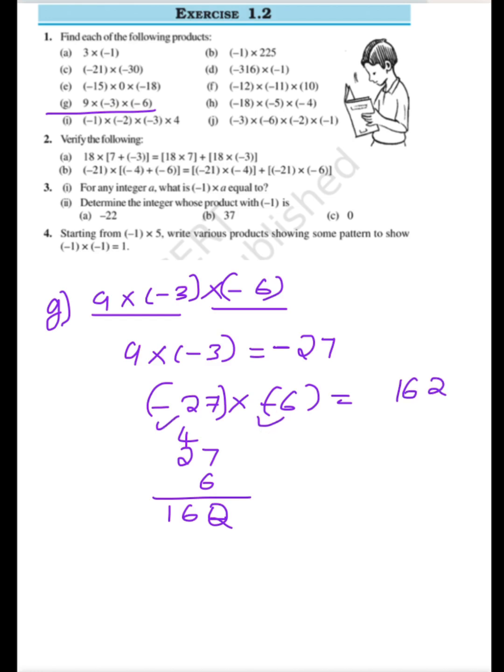And minus into minus is plus, so the answer will be 162. Understand? First we multiplied these two, and got minus 27, then minus 27 into minus 6. So minus into minus will become plus and the answer will be 162.